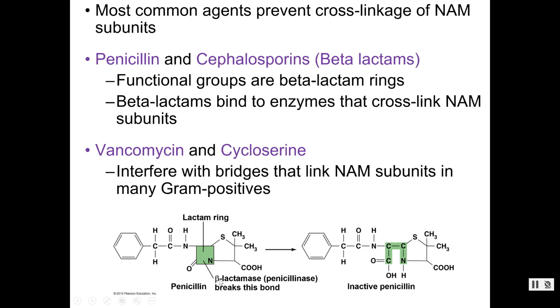Is this sounding familiar to anybody? Beta-lactamase. Think back to lab. Think back to that bacterial transformation lab. Think back to that pGLO plasmid, and it made that bla gene.